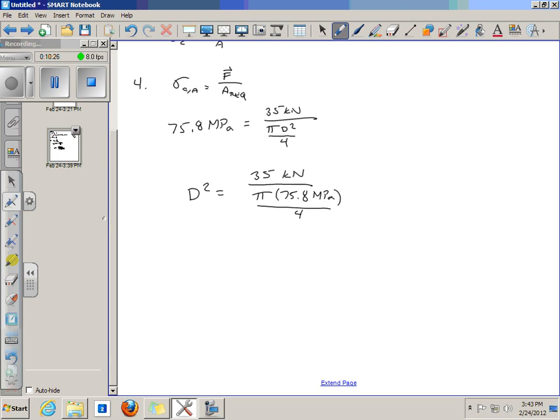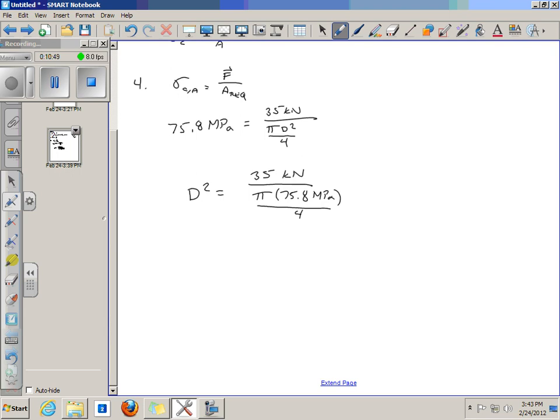Now, I've got kilonewtons up top, megapascals down below, and I need to make sure that my units work out. So I've either got to convert the 35 kilonewtons into meganewtons or the megapascals into kilopascals. Doesn't matter which way you do it.